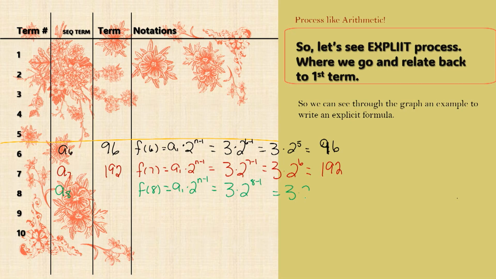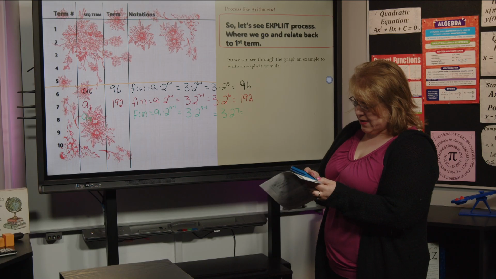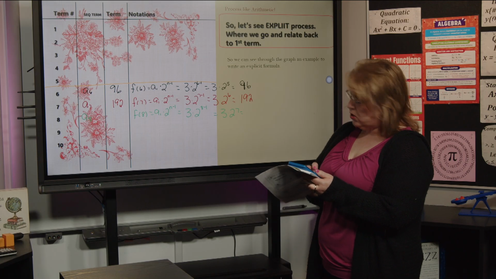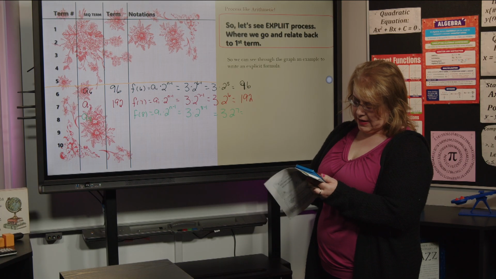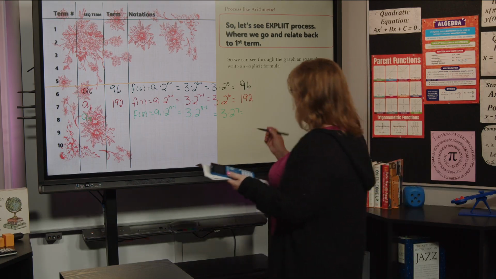So I have 3 times 2 to the 7th. And what did we have that? Let's see. Let's plug that in. So I have 3 times 2 to the 7th, and I get 384.